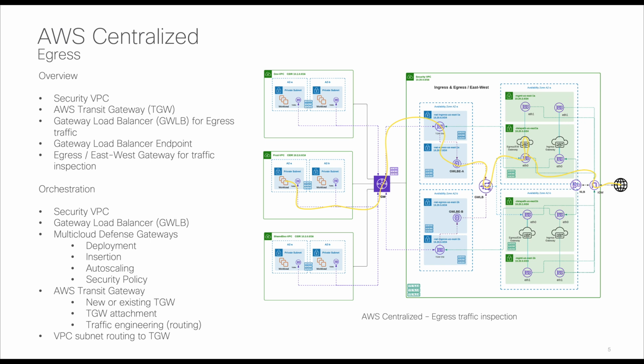Now there is a Geneve tunnel running between the gateway load balancer and our egress gateways, and we use egress gateways for egress traffic flow. Now again, coming back to the orchestration, we orchestrate your security VPC, we orchestrate configuration on your gateway load balancer, we orchestrate deployment, insertion, auto scaling of your gateways. You can instantiate security policies directly from Multicloud Defense UI, or you can use Terraform scripts as well. In addition to that, if there is a pre-existing transit gateway, we use that. Otherwise, we create a new one, we enable attachment.